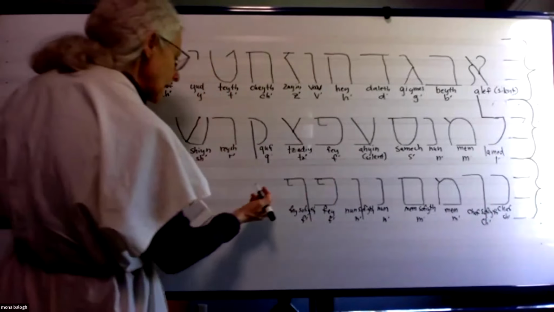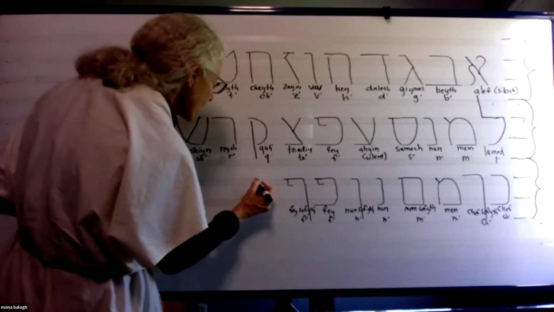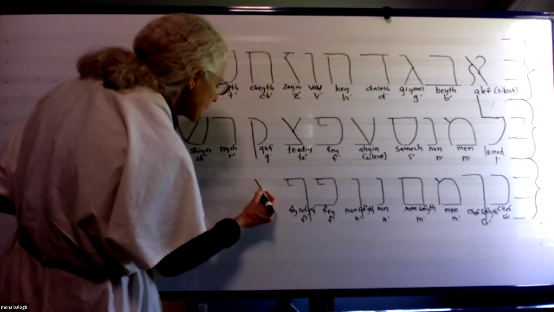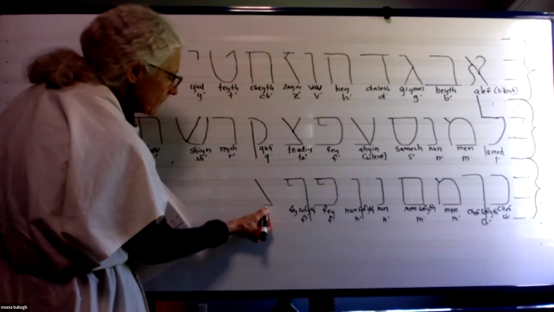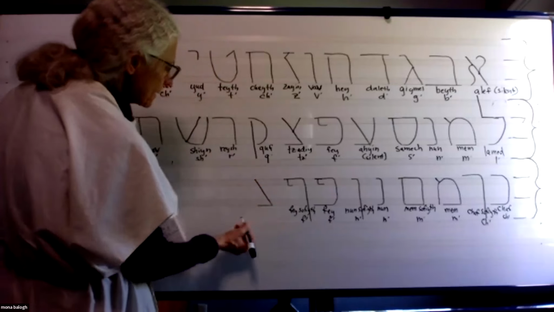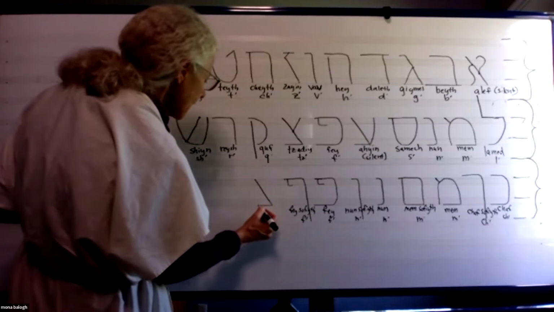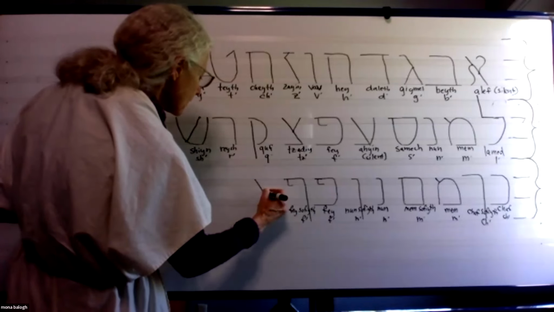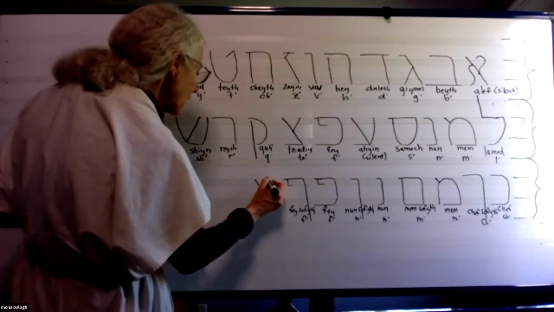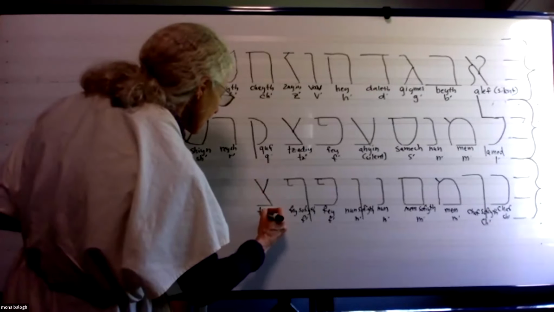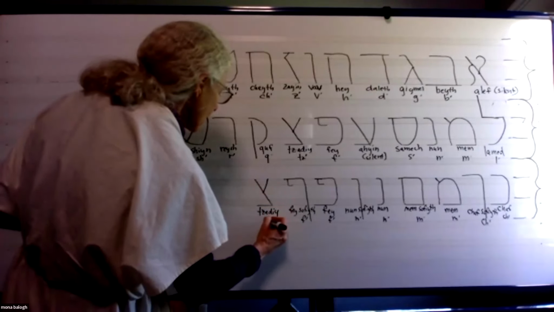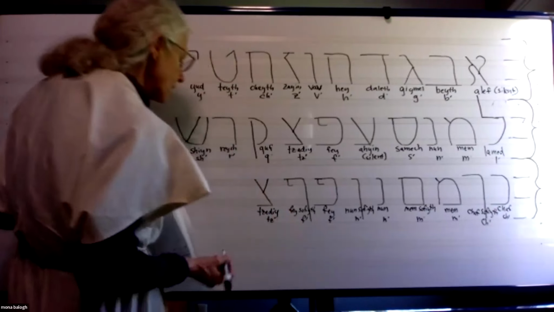Sadi sofiyth is the last one, so let's do sadi. Upper left, diagonal down to the lower right, and let's bring that spring upwards to the left. Divide this diagonal in half and make that champagne glass. Sadi. S sound.